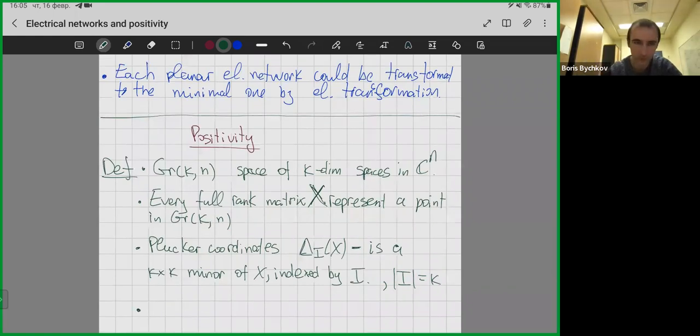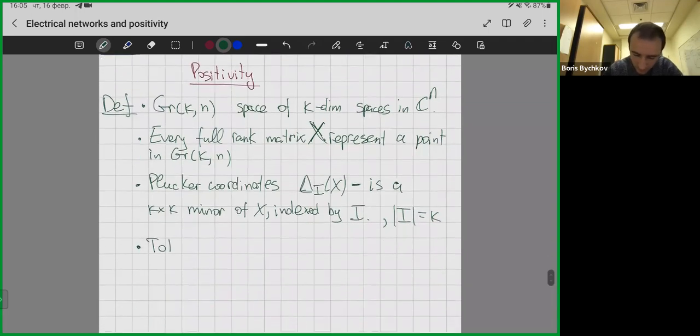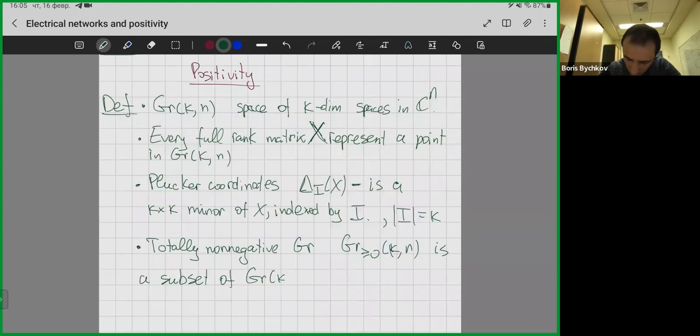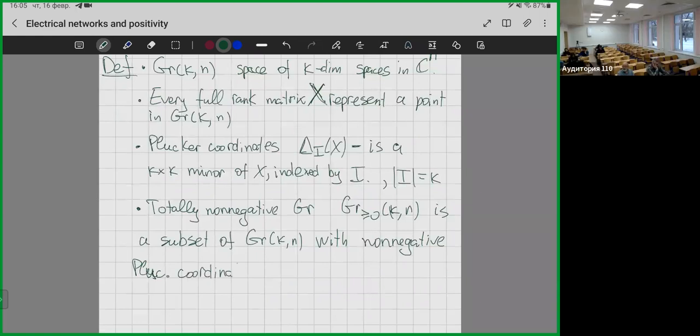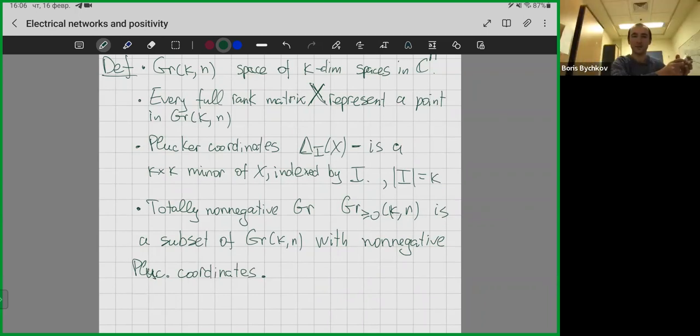And so we have Plücker relations, and the totally non-negative Grassmannian is just the subset with non-negative Plücker coordinates.